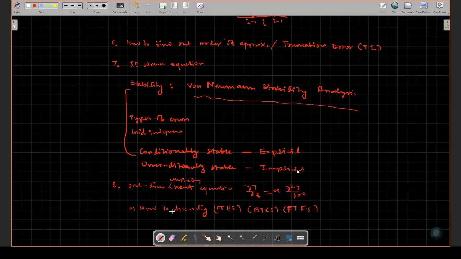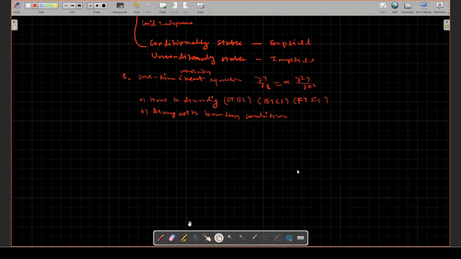You should be in a position to discretize these equations along with boundary conditions. Once you do this, you are going to get simultaneous equations.